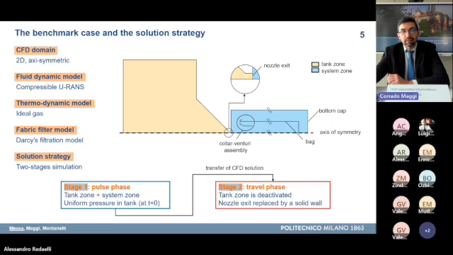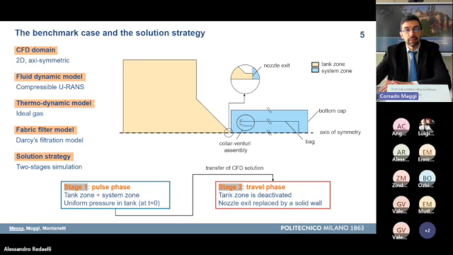And okay, now I will show you an application of the proposed workflow and methodology. And to this aim, reference was made to a simplified benchmark case, which basically mimics a system for pulse jet cleaning technology. And basically, the system comprises a big cylinder mimicking the compressed air tank. Then there is a conical converging nozzle.